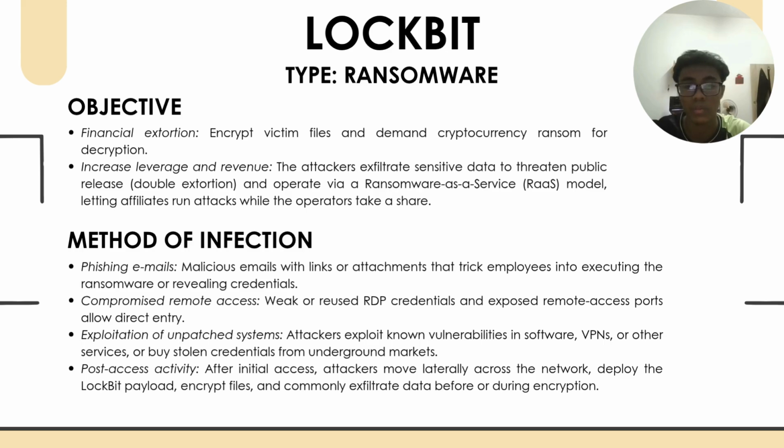Exploitation of unpatched systems: attackers exploit known vulnerabilities in software, VPNs, or other services, or use stolen credentials from underground markets. And then post-access activity: after the initial access, attackers move laterally across the network, deploy the LockBit payload, encrypt files, and commonly exfiltrate data before or during encryption.